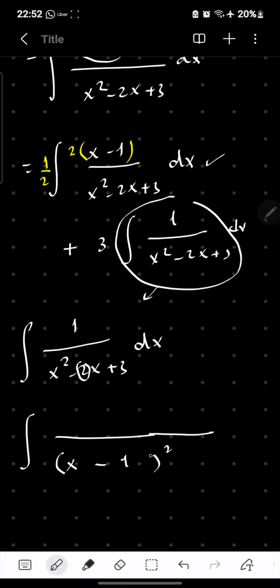When you try to expand this factor: x squared, x times negative 1 times 2 is negative 2x, plus 1. But I need this plus 3, so we have to add plus 2.